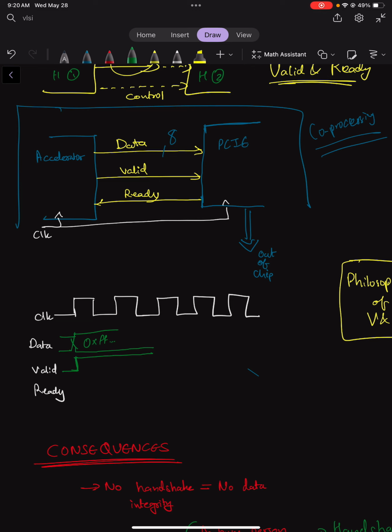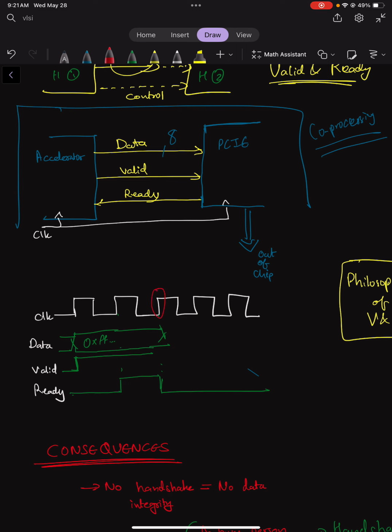The data is valid, which means it's not some junk data, it's some actual valid data that the accelerator has produced after some processing. Now, the way PCIe participates in this exchange is by asserting a ready signal. At this clock edge, let me use a different marker.